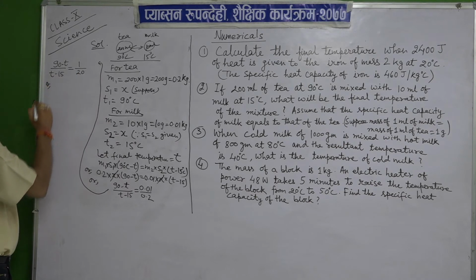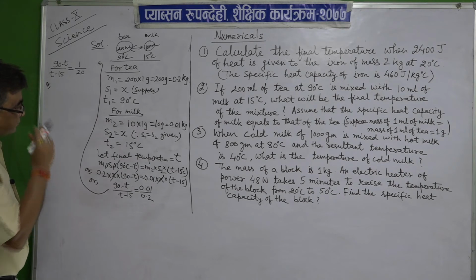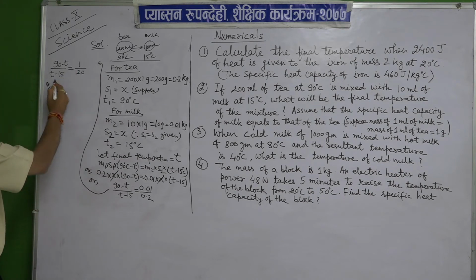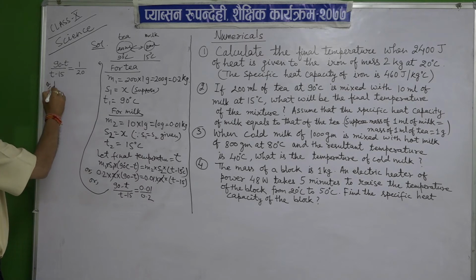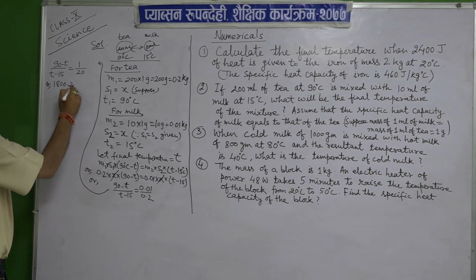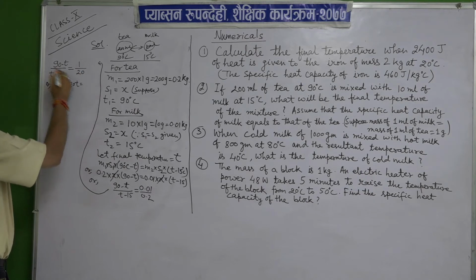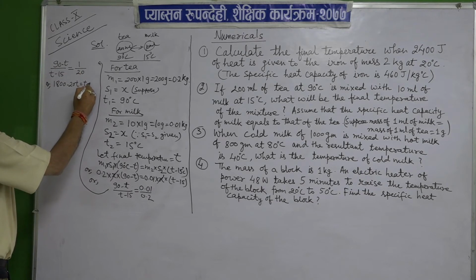Now, if you do the cross multiplication, it comes here 1800 minus 20 T equals T minus 15.